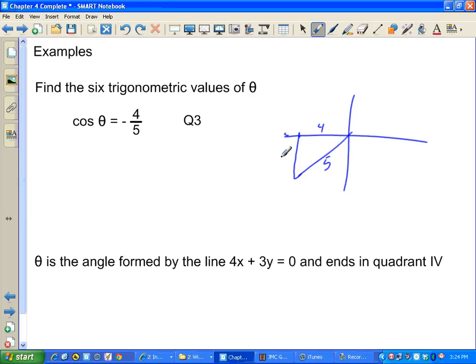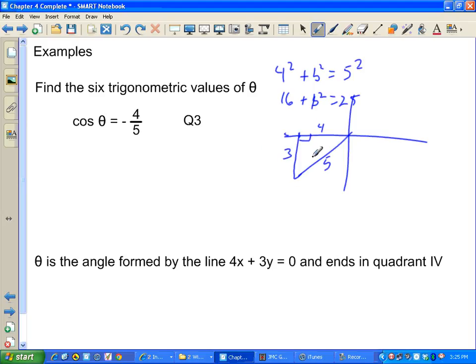So if I use Pythagorean theorem to find the missing side, I could say that a squared plus b squared equals the radius squared. So you get 16 plus b squared equals 25. Okay, and I'm going to get b squared equals 9, so b is 3. It's that same 3, 4, 5 triangle that we ran into earlier.